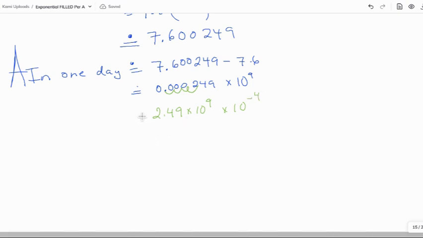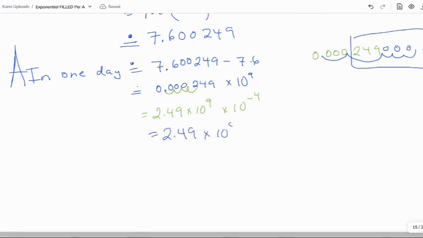Can't you just move the decimal place 9 spaces back? You could. That might be simpler. So Ryan's asking, why don't I just move it 9 spaces back? So 1, 2, 3, 4, 5, 6, 7, 8, 9. And this becomes your number. I like that. That's better.